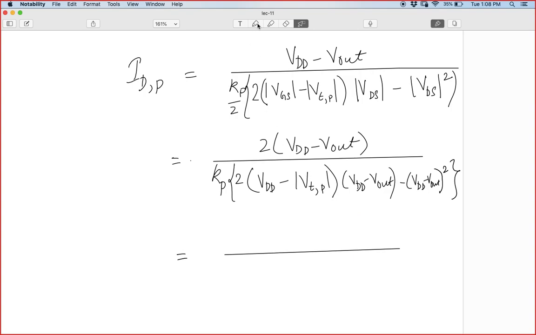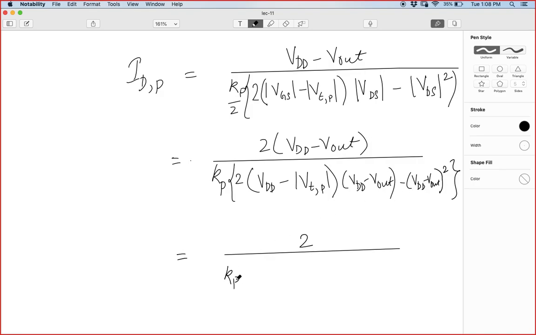So finally what I'll remain here is I'll get 2 only, because I can easily cancel this VDD minus V out, here and here. So what I'll get is Kp into 2 VDD minus VTP here, and again minus VDD minus V out.